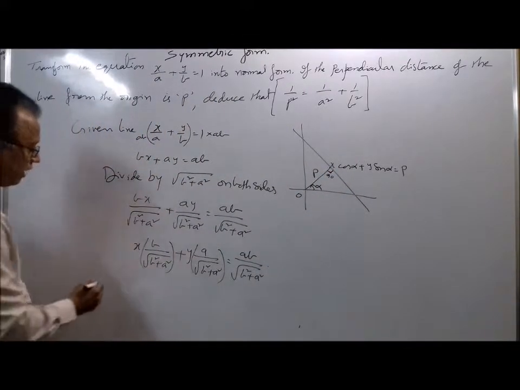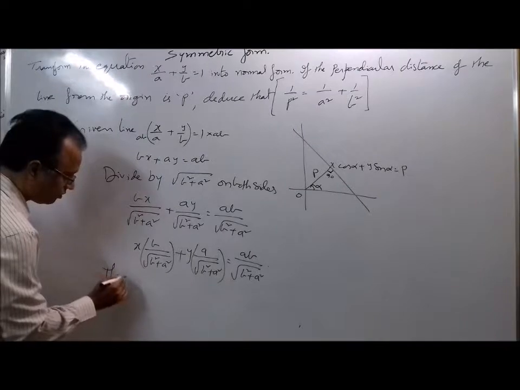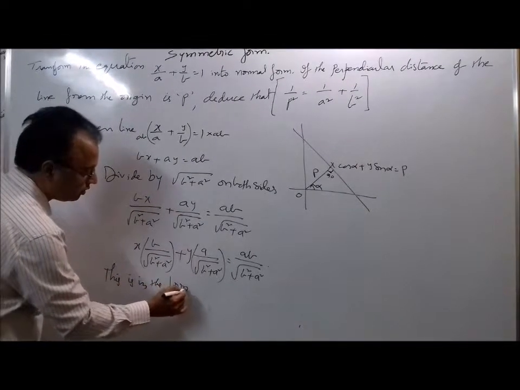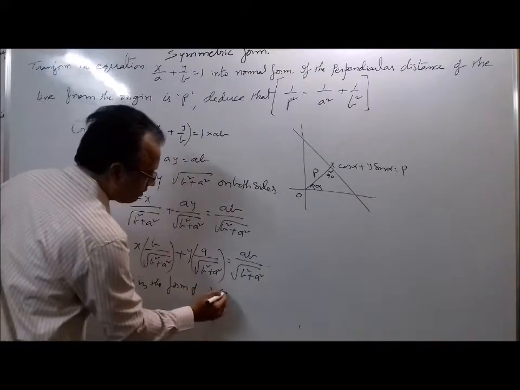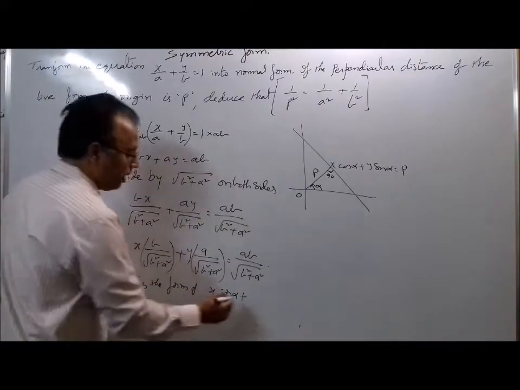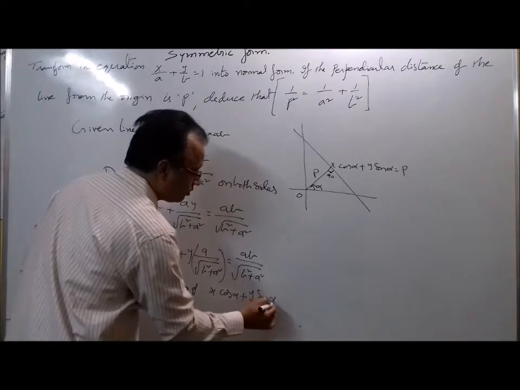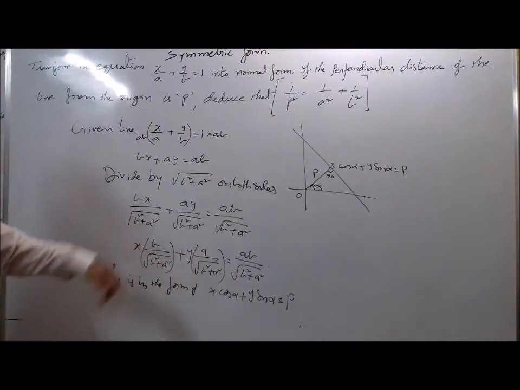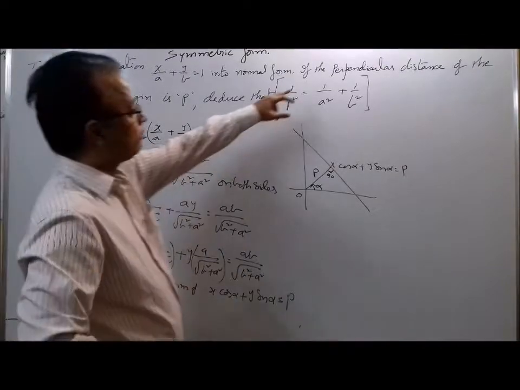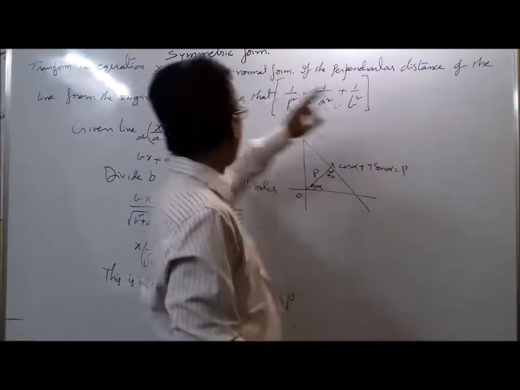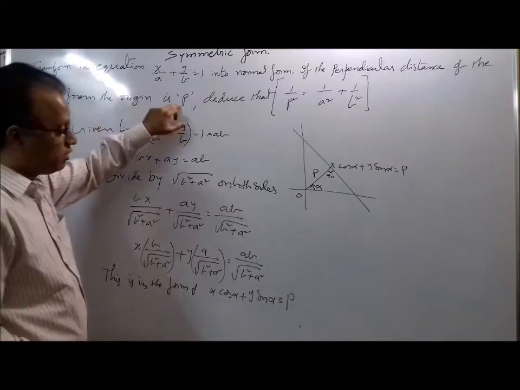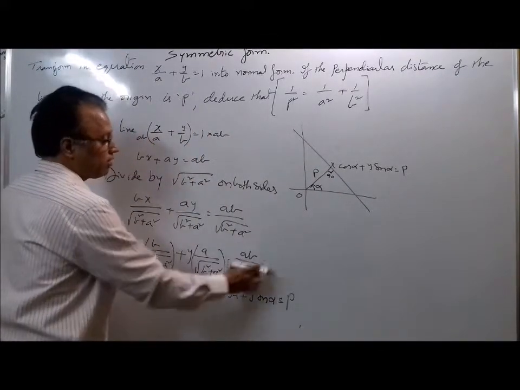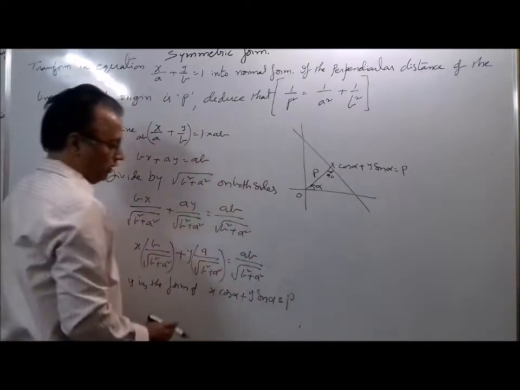So here this is in the form of x cos alpha plus y sin alpha is equal to p. So p is the distance given. If the perpendicular distance of the line from the origin is p, that is the length of the normal, p is the distance from the origin only.